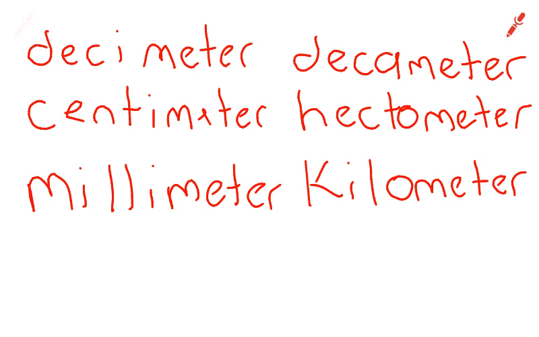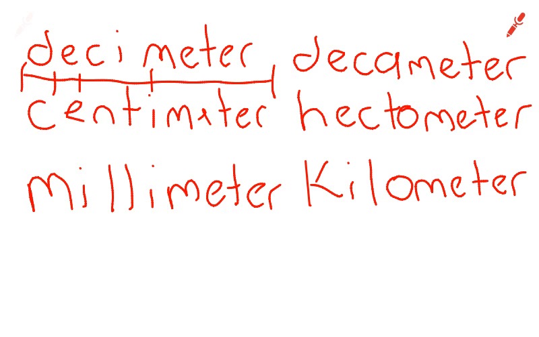3 of these are smaller than the meter. That's the decimeter, the centimeter, and the millimeter. You're going to get 10 decimeters in 1 meter. So if this was a meter here, this line that I just drew, you could break it up into 10 parts. I'm going to attempt to do it on here.